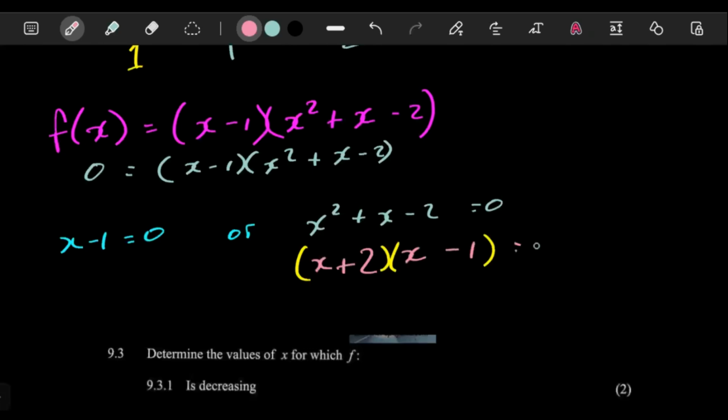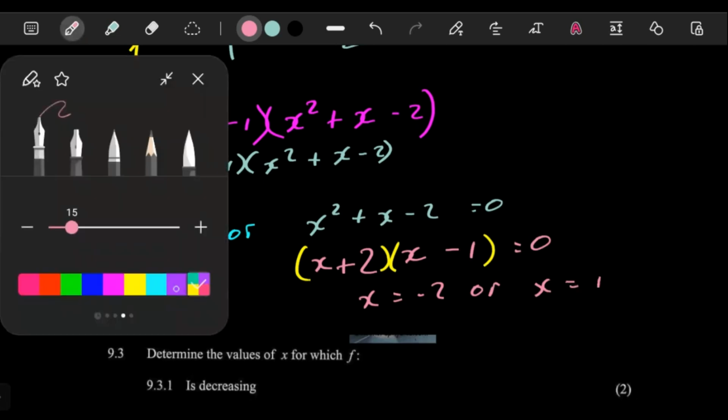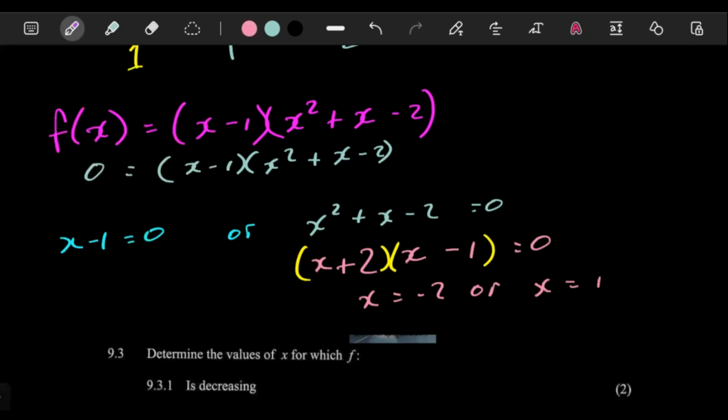There you go. So here x is equal to -2 or x is equal to 1. So that's what we need to do. Now here, first x-intercept, second x-intercept, third x-intercept. So that's that for this kind of question.